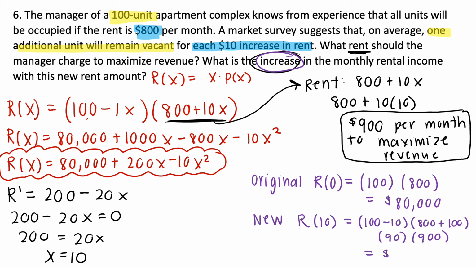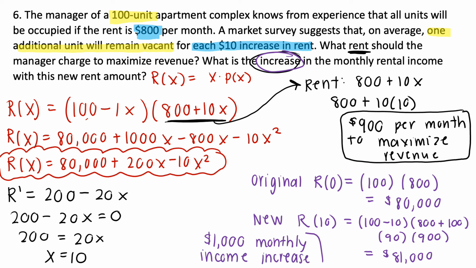And if we do that, we're making $81,000 per month. So our increase would be a $1,000 monthly income increase. It's not a bad increase.